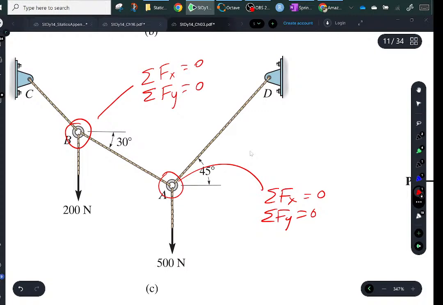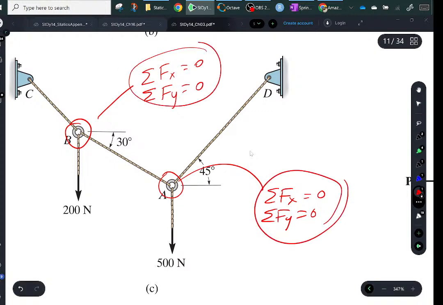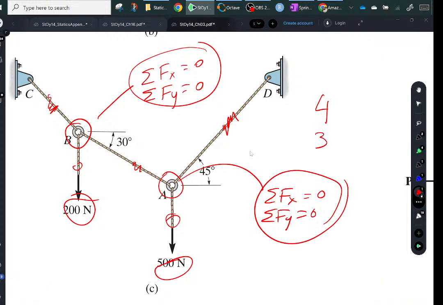So you have essentially two equations here, two equations here. You got four equations. Well, you got one rope here, one rope here. Now you know the tension in that. He told you, you know the tension in that, and you have this. So you have 4 equations and 3 unknowns now, so you can solve that.